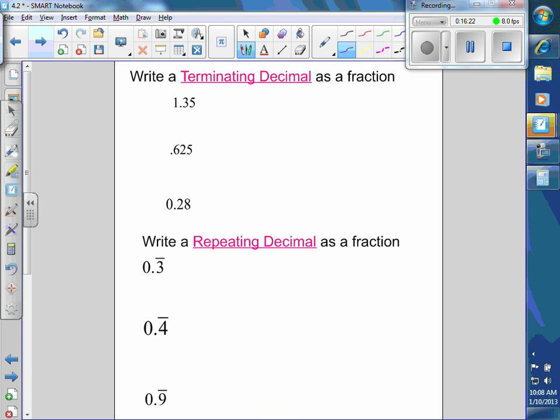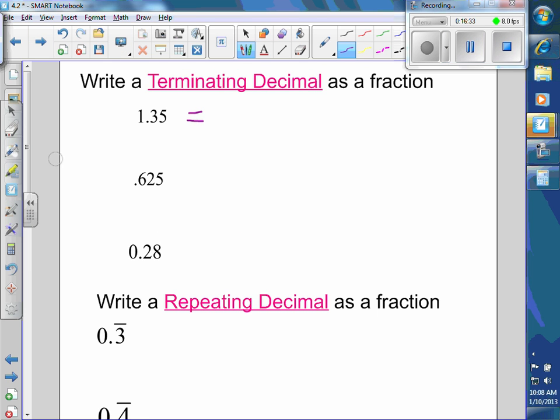Going the other way, use place value. So like, Emma, if you say this out loud with place value, what's that number here? 1 and 35 hundredths, right? So write it 1 and 35 hundredths, and then reduce it.